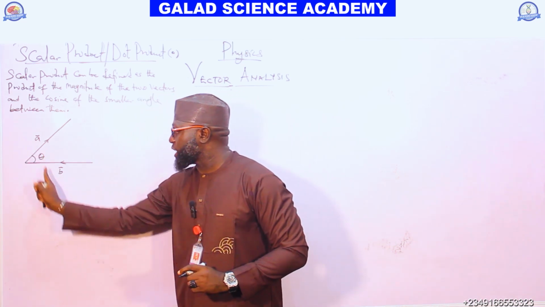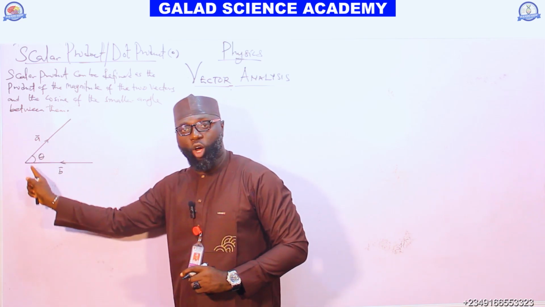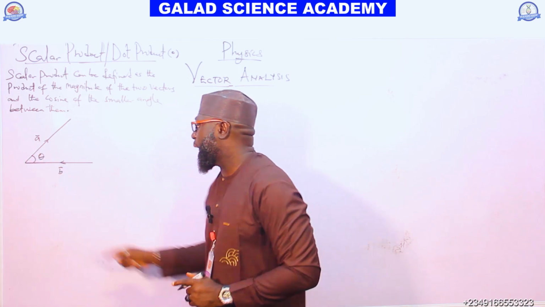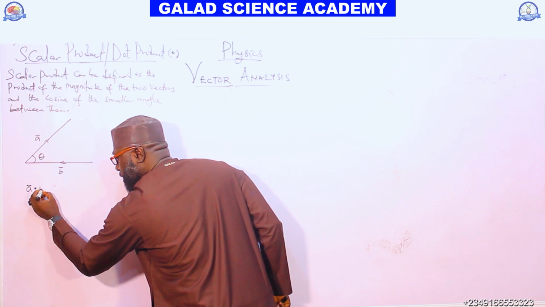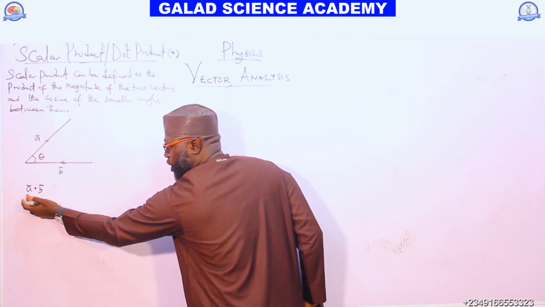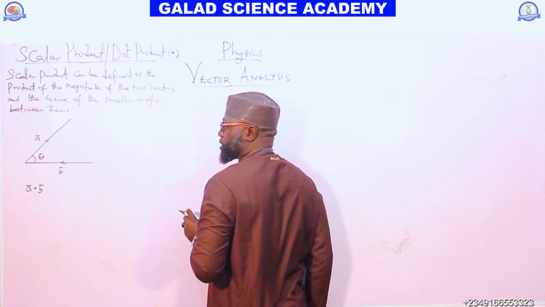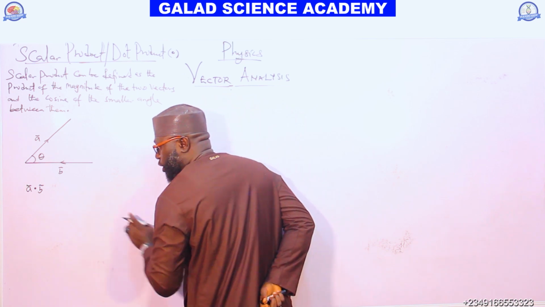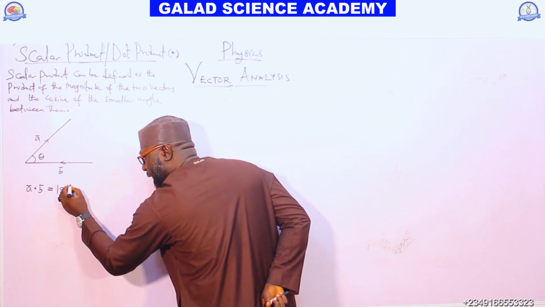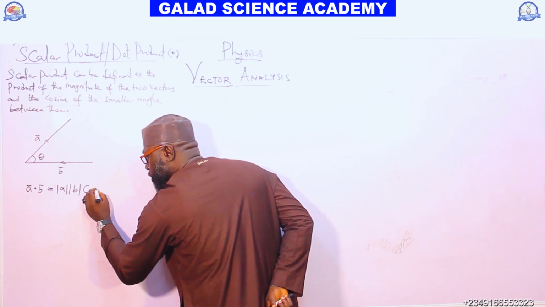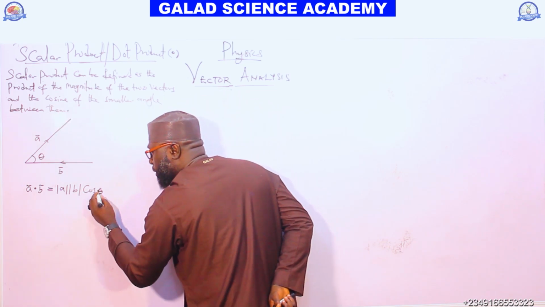So we have two vectors A and B, and we are asked to find the scalar product or dot product of A and B. It will give you vector A dot vector B. This dot product, or scalar product, is the product of the magnitude of vector A and the magnitude of vector B times the cosine of the small angle between them.